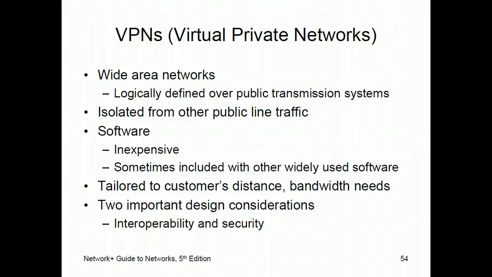VPNs are the other. This one's used amongst multiple networks, different types of networks. It can be isolated from other public traffic. It's actually basically like a wrapper. So you've got your connection here, whatever that connection might be, we'll say it's a cable connection.